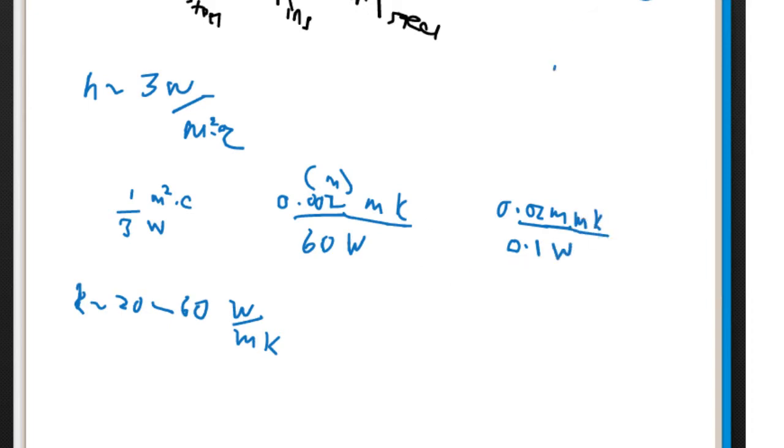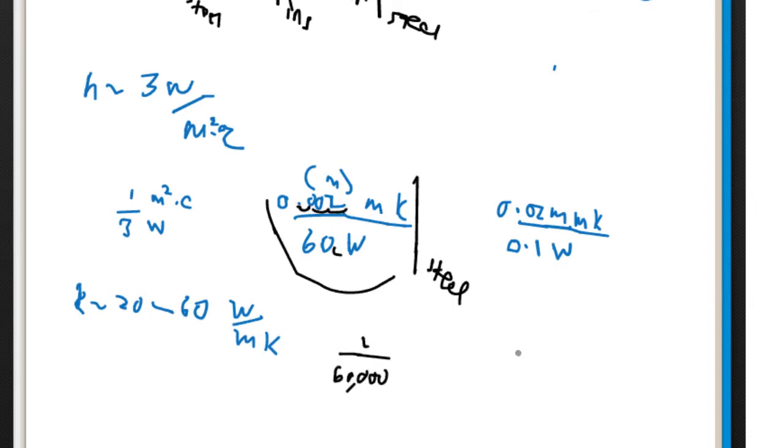But in any case, what you can see is when you compare the steel resistance with that of the insulator, I'm just going to approximate these as basically 1 over 60,000. This is about 2 over 10, about a fifth. And what you can see is this is about a third.